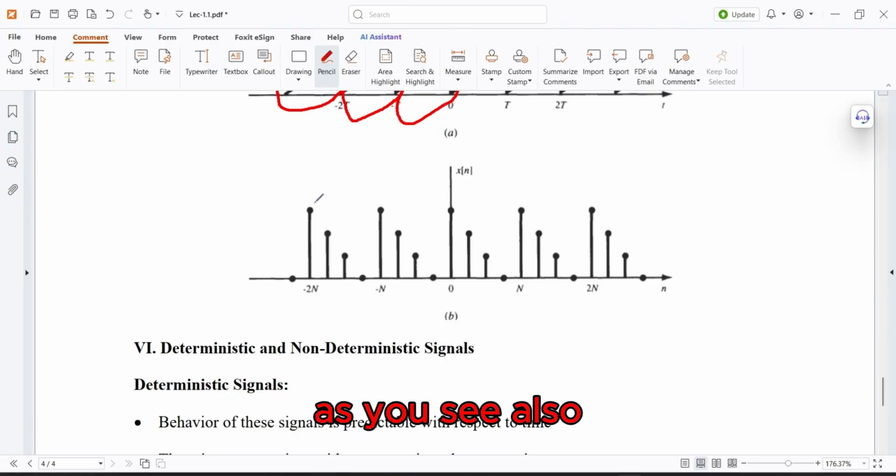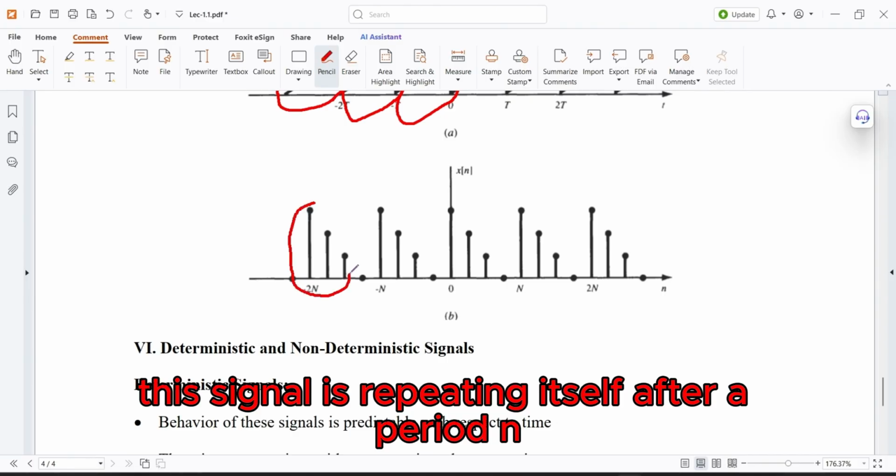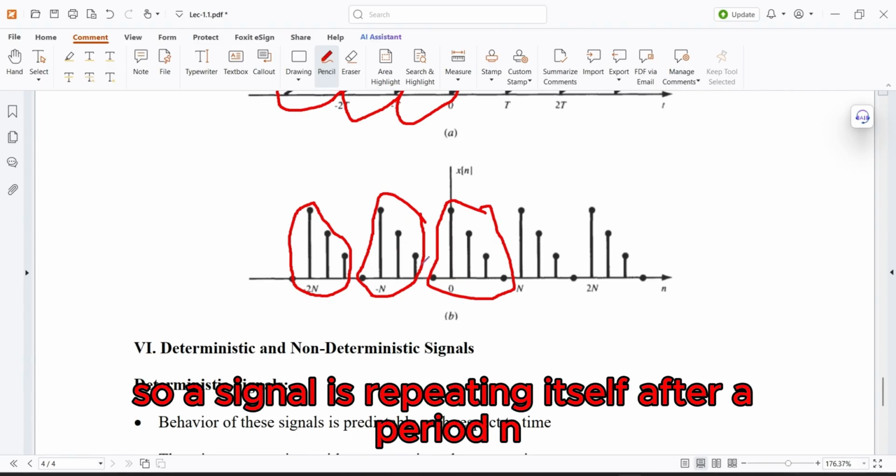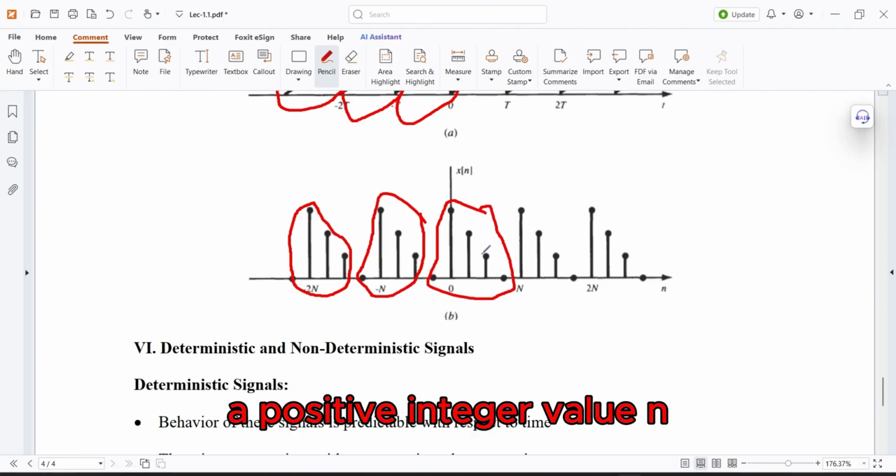As you see, this signal is also repeating itself after a period N, a positive integer value N.